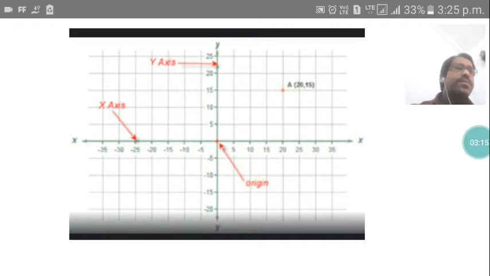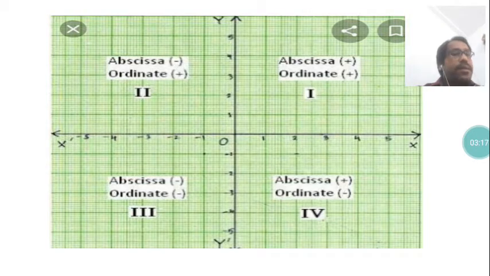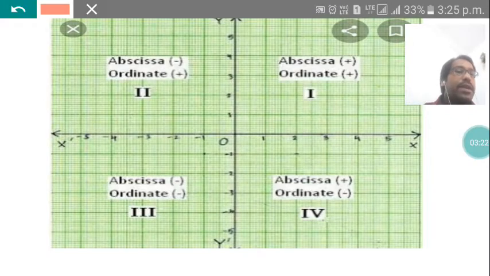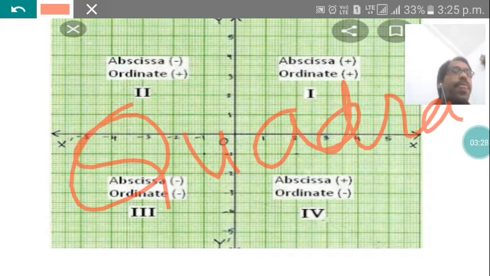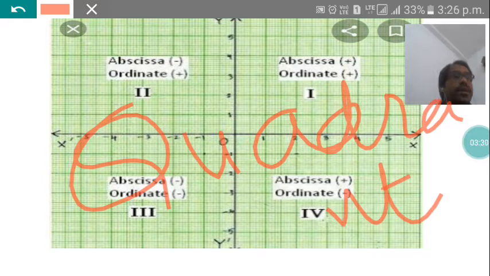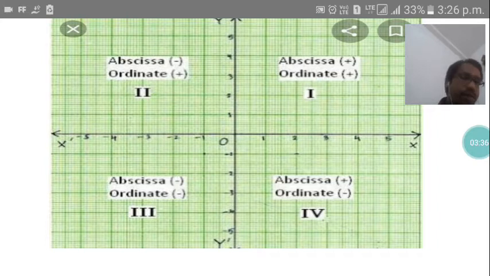Next thing, the quadrants. Why is this called a quadrant? Quadrant means the fourth part.